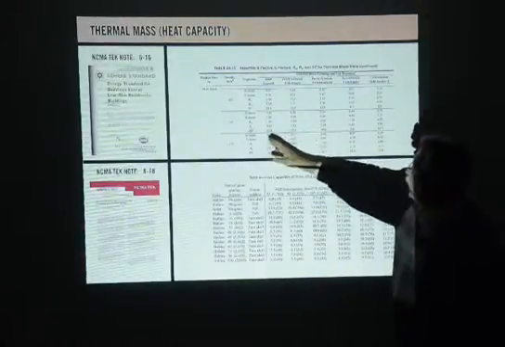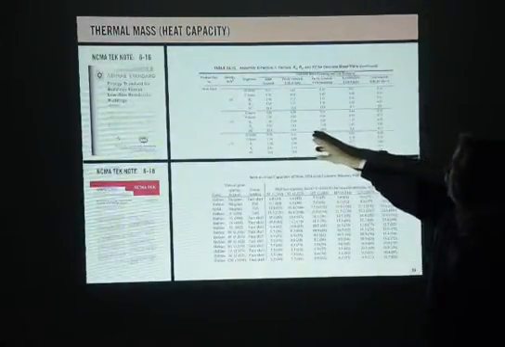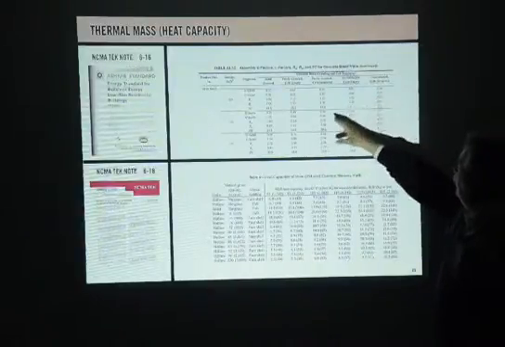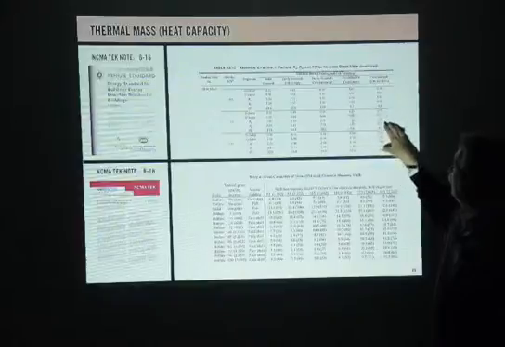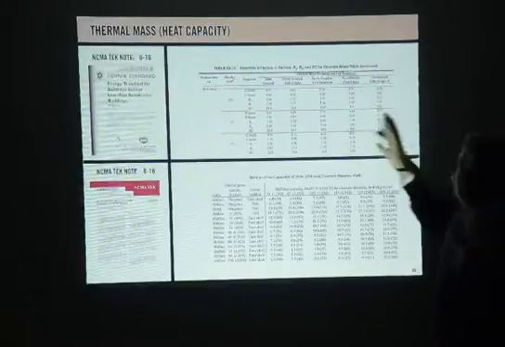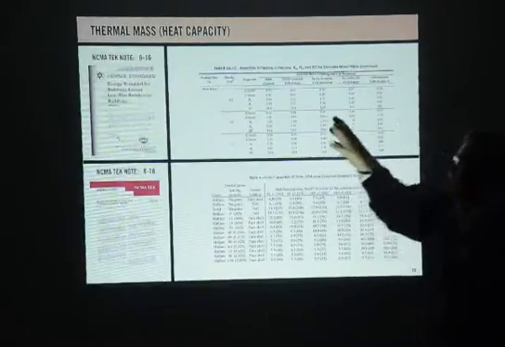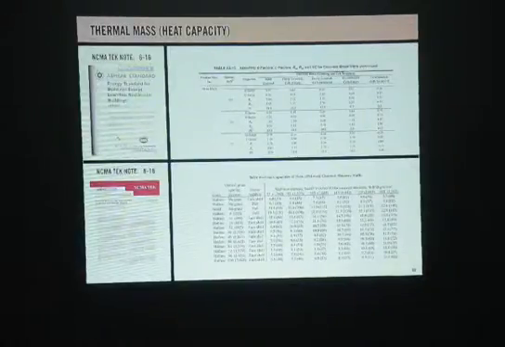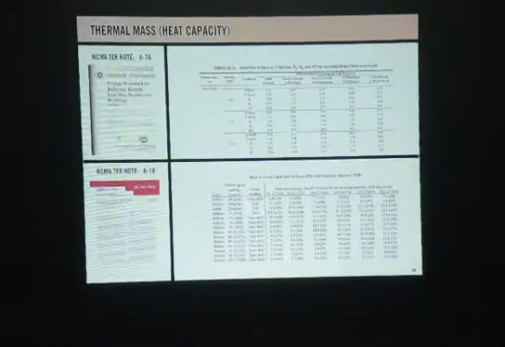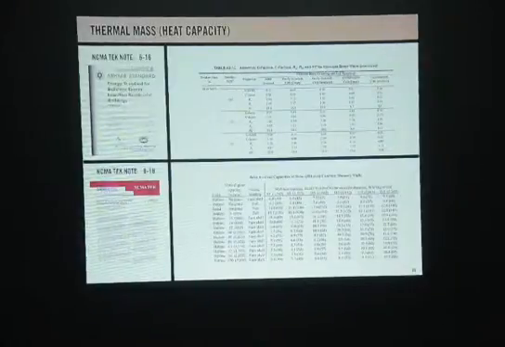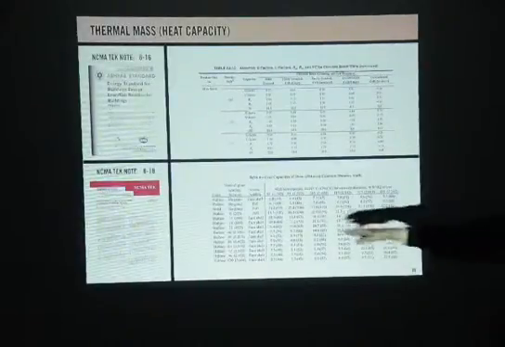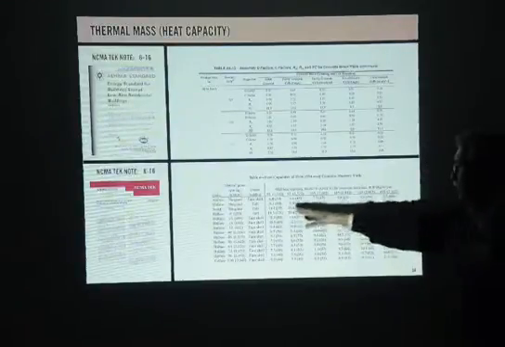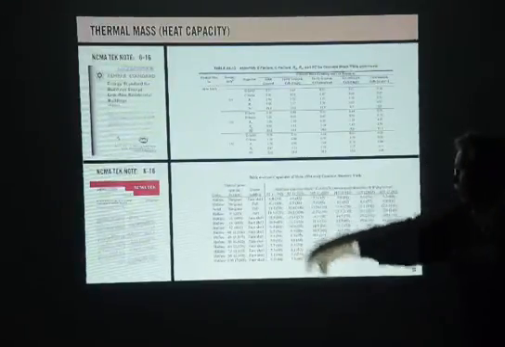So we're going here to cured, partly grouted, and then full cell grouting. So it encompasses all of them. But the best thermal mass is where you have a fully grouted wall assembly. That's the best. Down here, these aren't applicable to us in Southern California because they have no grout.